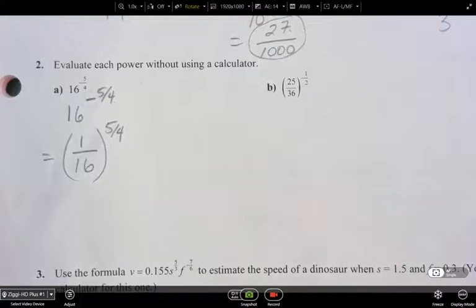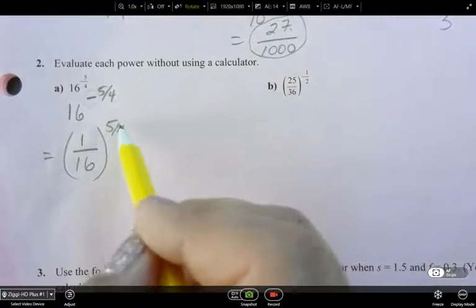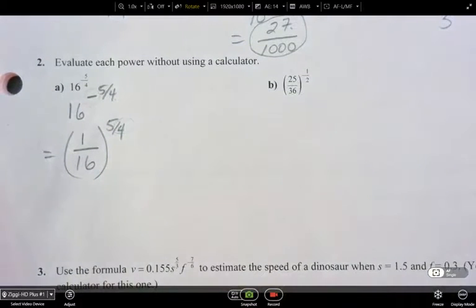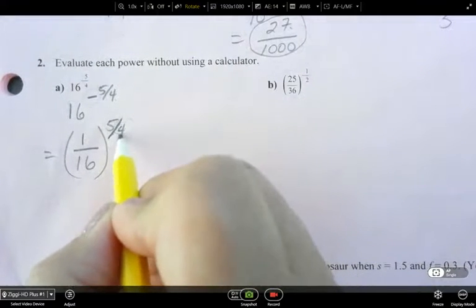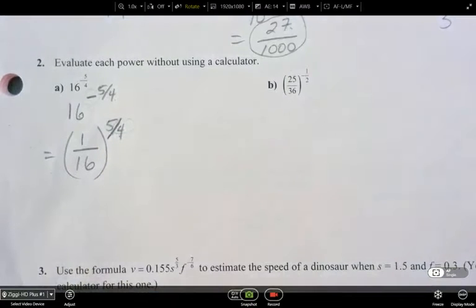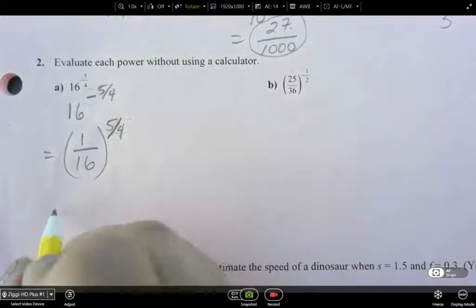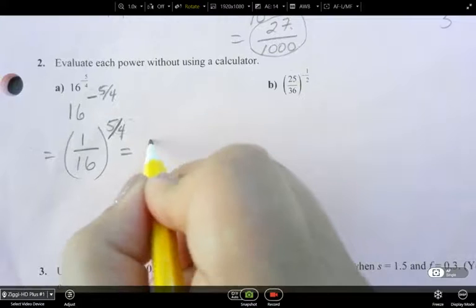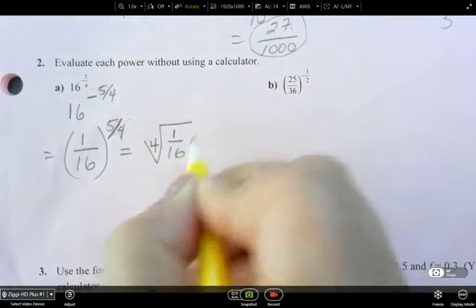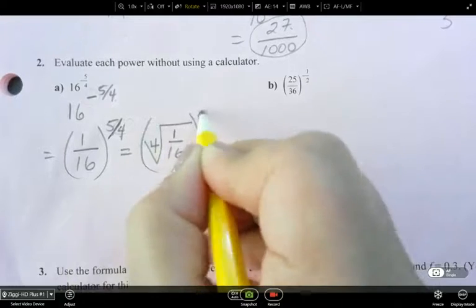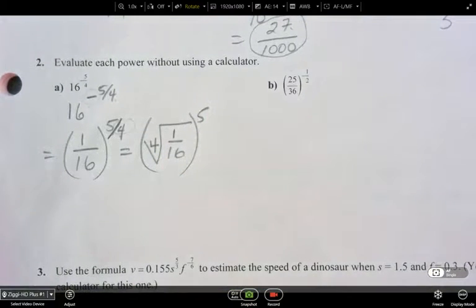Do you recall from last lesson where we did fractional exponents, what effect this has? If you ever have a fraction in the exponent, the denominator tells you what root you have to do. So then, which root is this? This is going to be the fourth root of 1 over 16, and then you have to take the 5th power of that.